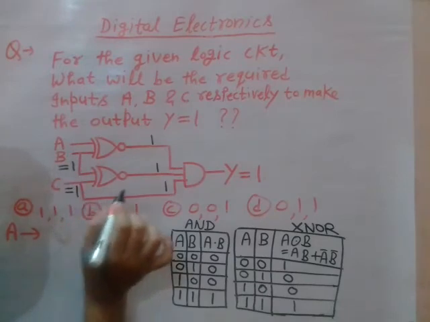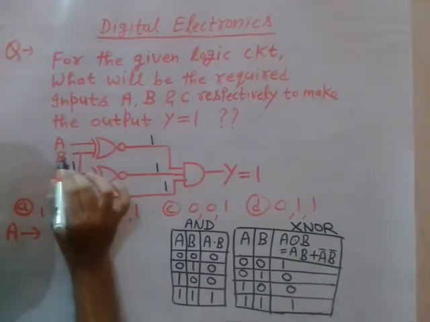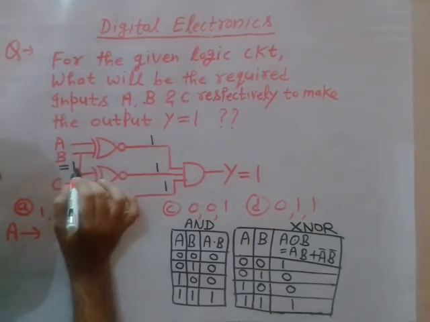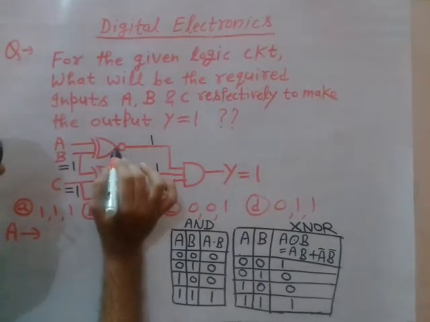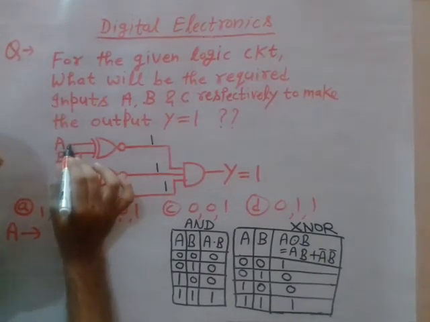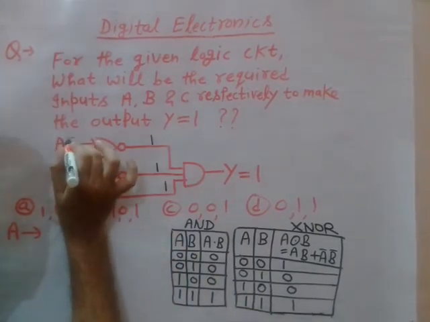Now if input B of this XNOR gate is equal to 1, then for getting the output of this first XNOR gate equal to 1, what should be the input A? Can you tell me? Definitely A is equal to 1, right?